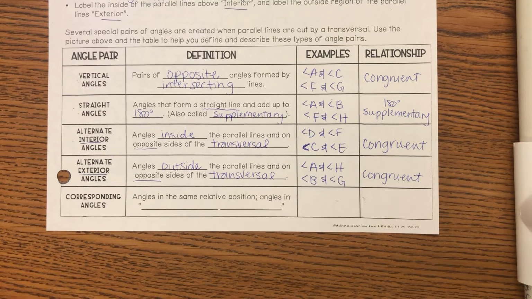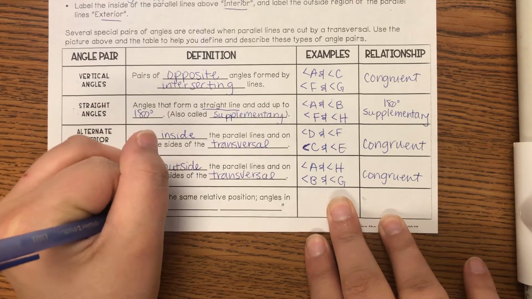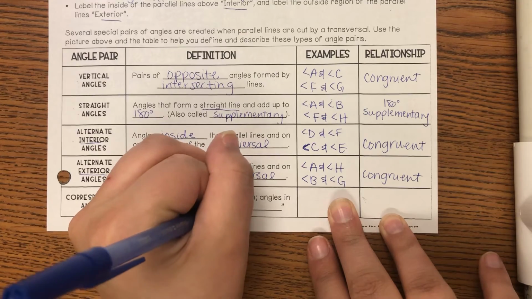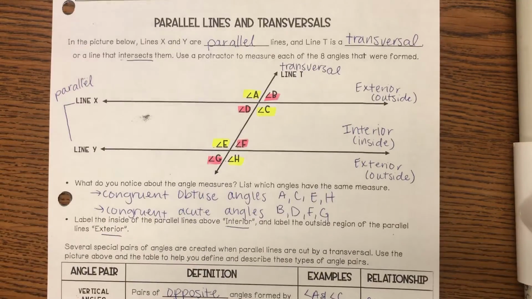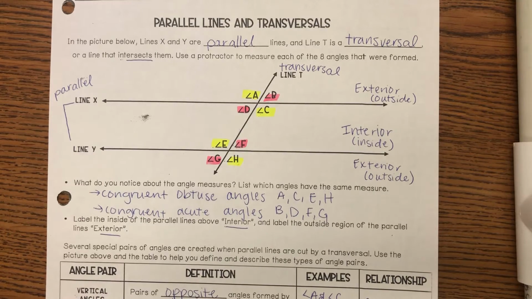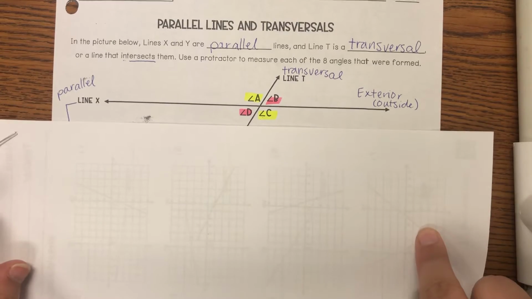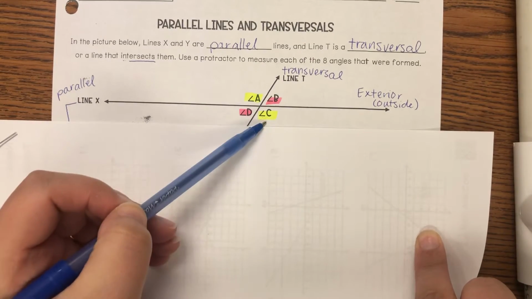The next one that we have is corresponding angles. These are the angles that are in the same relative position and matching corners. Okay, so what I mean by that, if you're looking at this image, I have on this one line A on top, D on bottom, B on top, C on bottom.